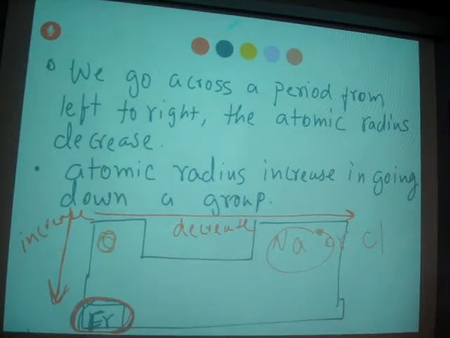Now if lithium and cesium are given, which one is larger? Cesium, because it is closer to fatty francium. So that's how you can easily draw the trend and interpret it. Fatty francium, easy, okay?